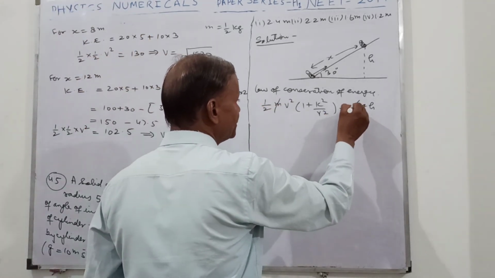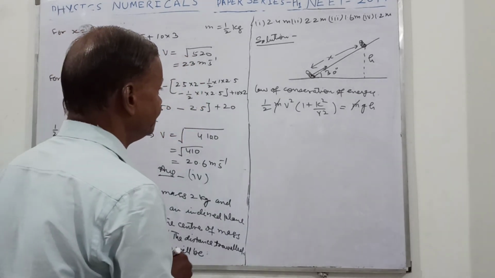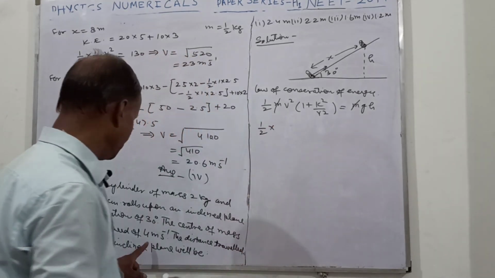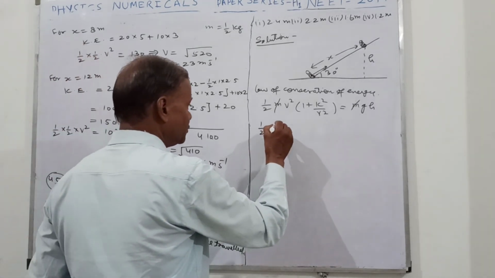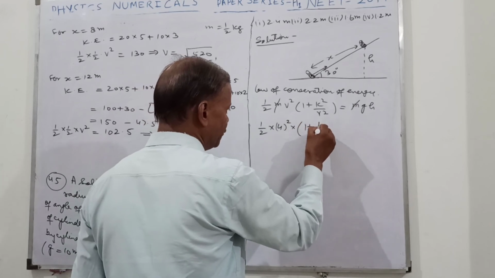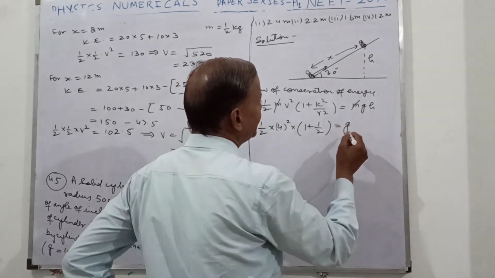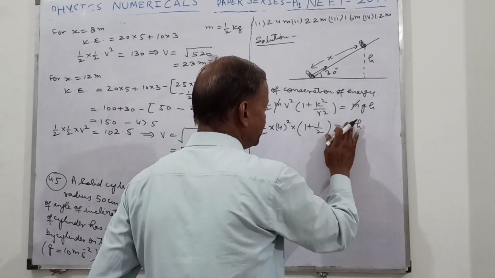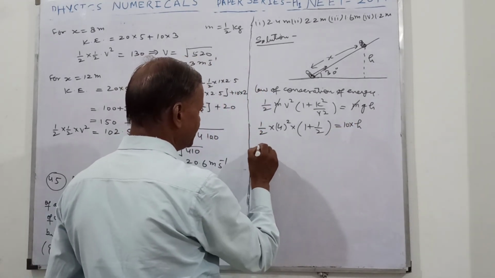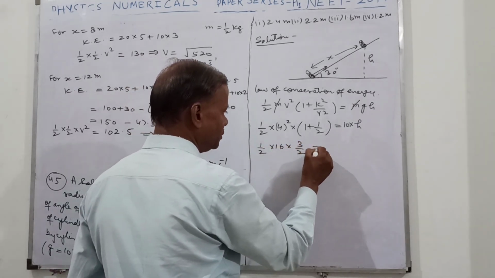So this m will cancel, and v is given to you, 4 meter per second. So this is square of 4 into 1 plus, for cylinder, k square upon r square equal to 1. G is given to you, 10, into h. So you have 1 by 2 into 16 into 3 by 2 equal to 10 into h.